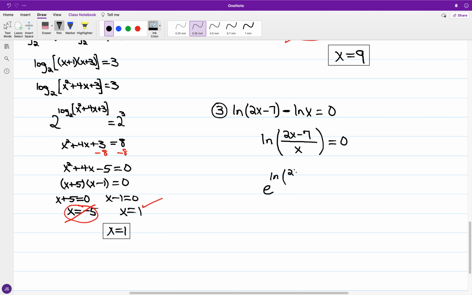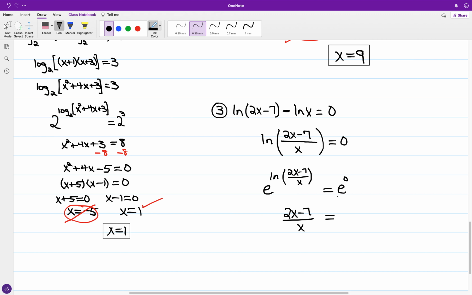So in the setup, you have e to the natural logarithm of 2x minus 7 over x, so this will become 2x minus 7 all over x.